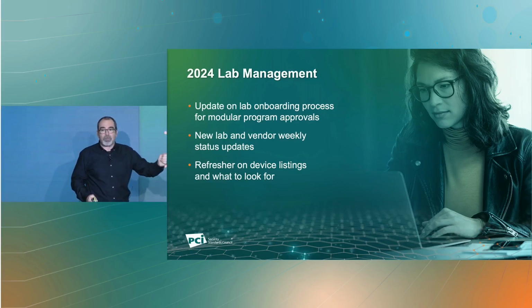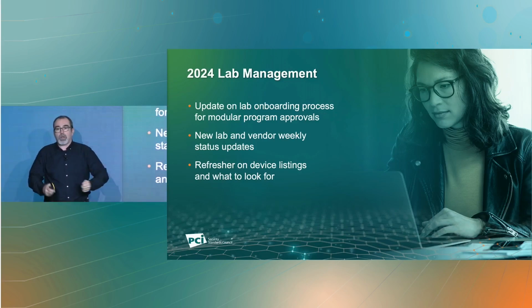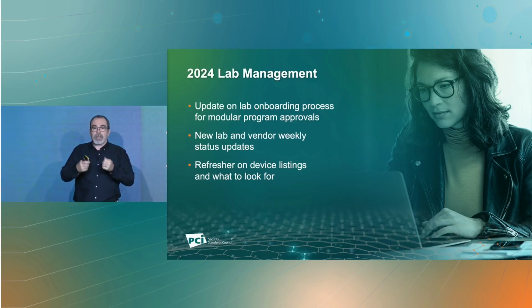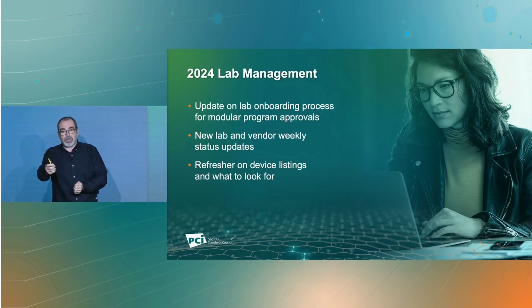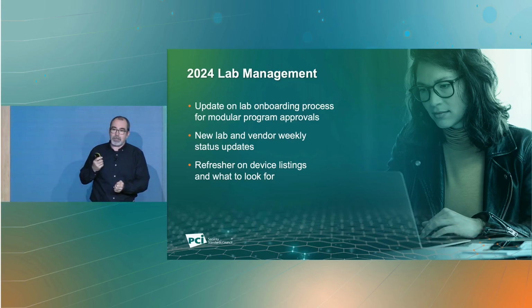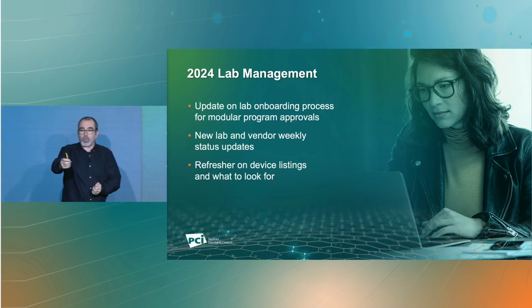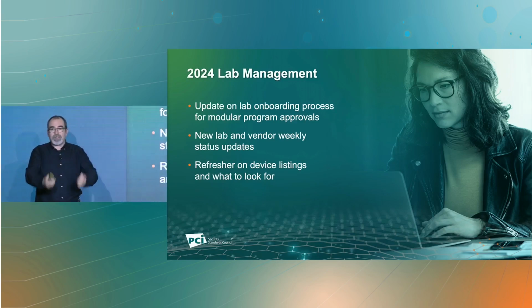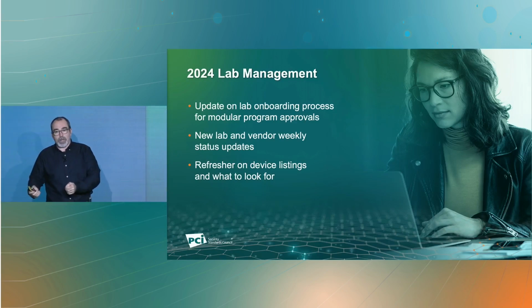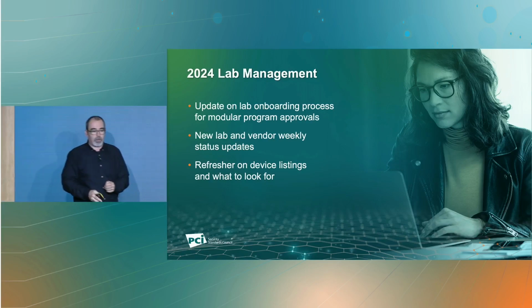We would like to have more information on the listing process and how things are listed. We would like, as a vendor, to understand what is going on with a report when we submit it, where it is in the queue, what is happening with that. And so these are things that we have implemented or are implementing based on that stakeholder feedback.